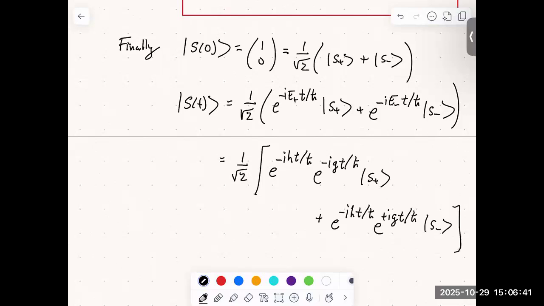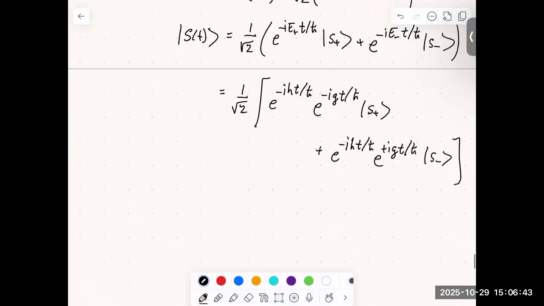All right. So we're getting pretty close to what I wanted to get to, and we probably will have time for that quick demo. Let's see, there's a common factor. This first exponential is common, so I'm going to take it out. So S of t is equal to e to the minus i h t over h bar, 1 over root 2.